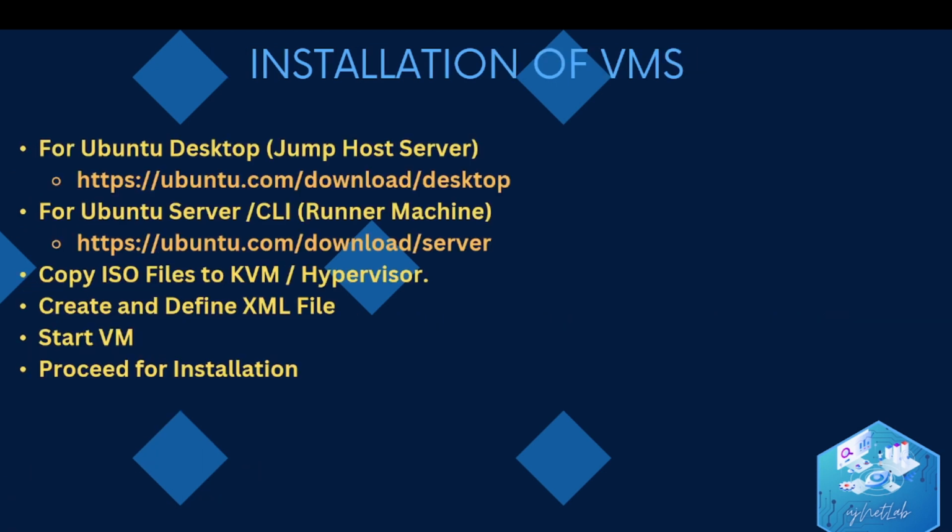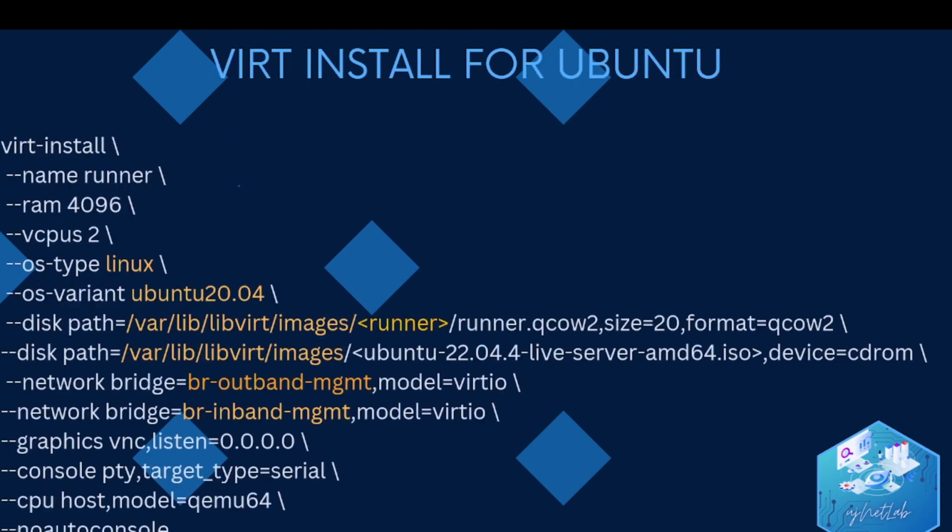There is another option, as I showed you, instead of creating the XML file. You can use virt-install. Remember, in the initial video I discussed that instead of XML, you can use this option, which is the virt-install command. You give the name of the machine, which could be runner or any other VM name. You give the RAM required, the CPU, the OS type, the variant, and then the QCOW file where it exists.